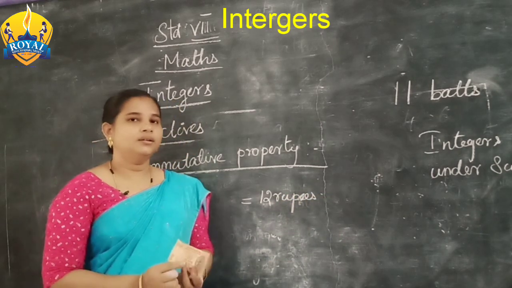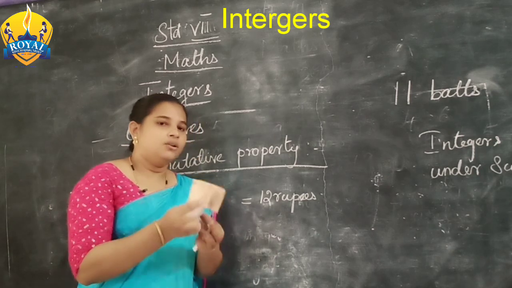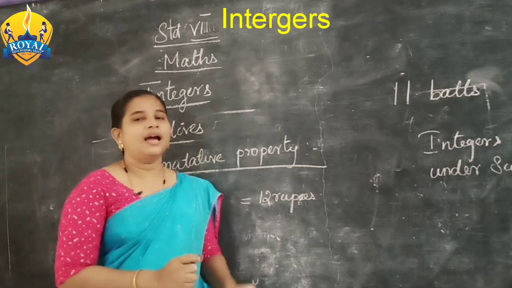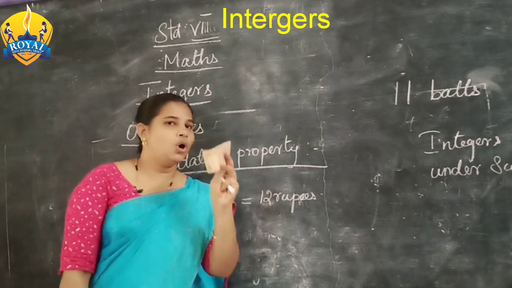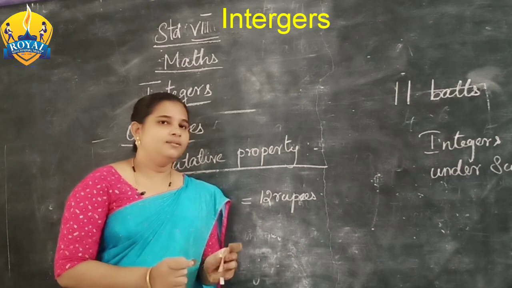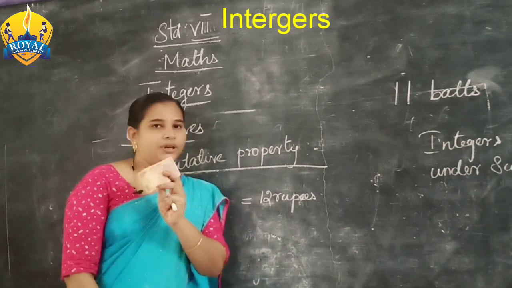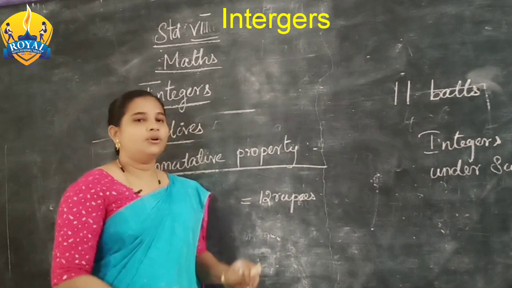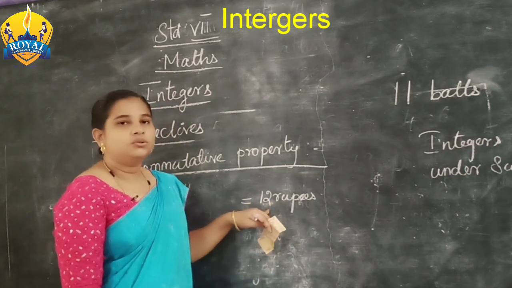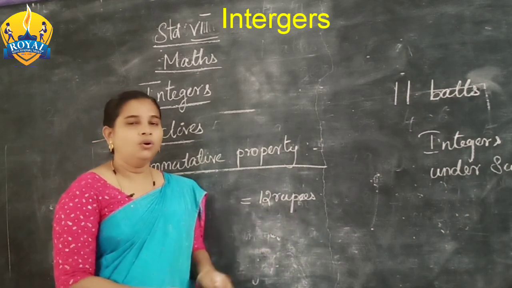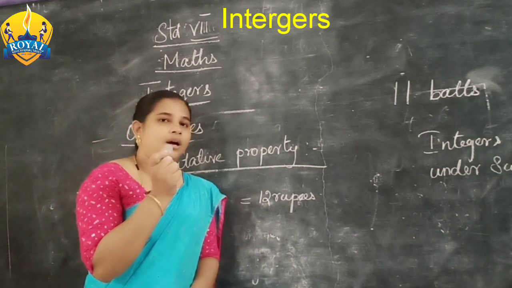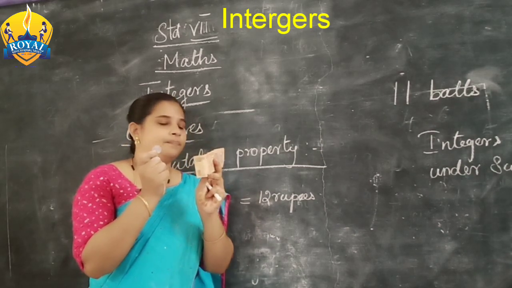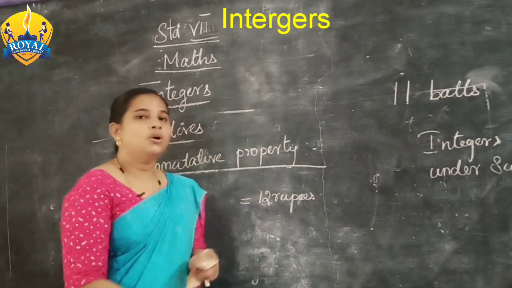Okay. Another one. Now we take the 2 rupee coin first. If you add it with the 10 rupee note, we will get the answer 12 rupees.